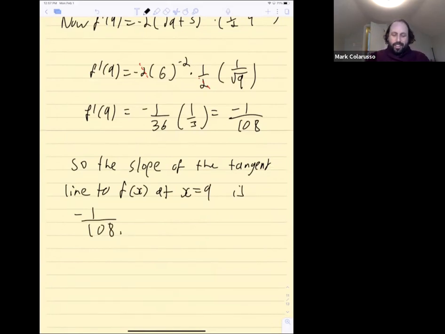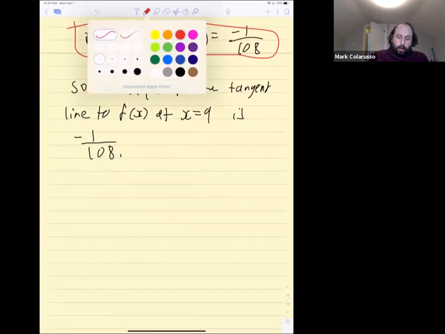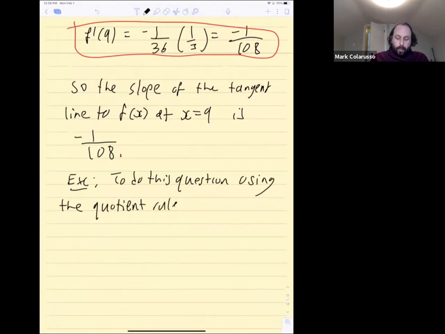That's how you could do it using the chain rule. As a nice exercise, do this question using the quotient rule and check to see if you get the same answer.